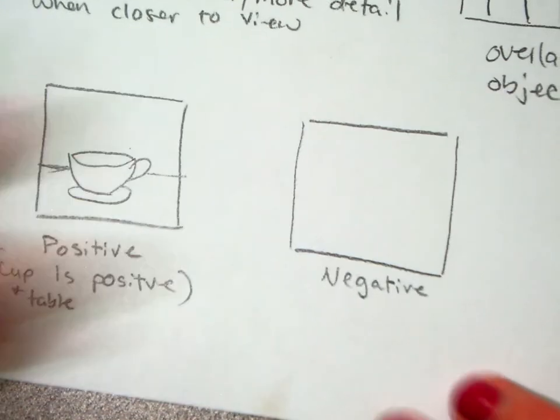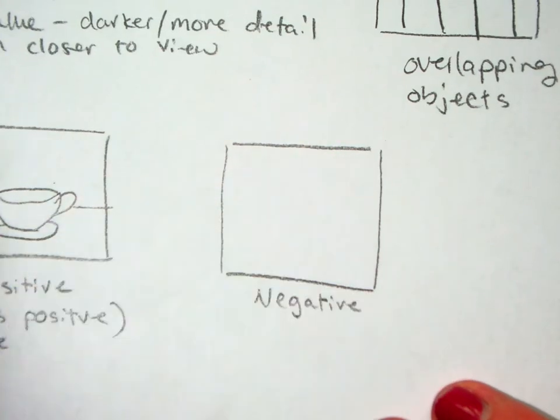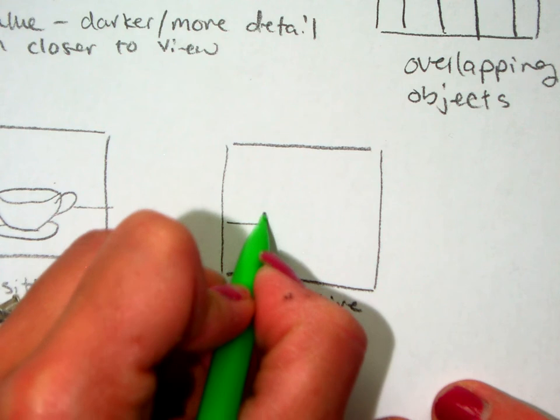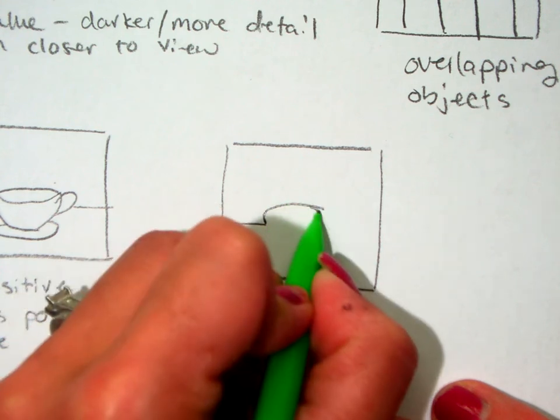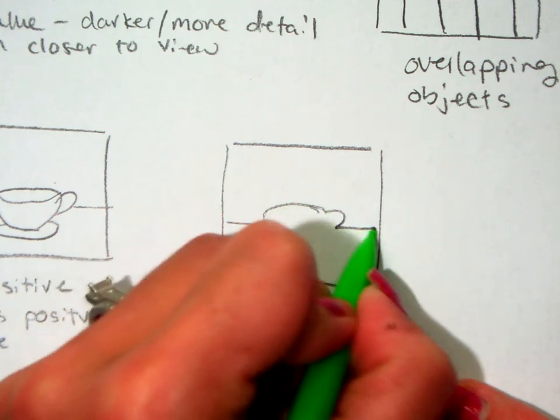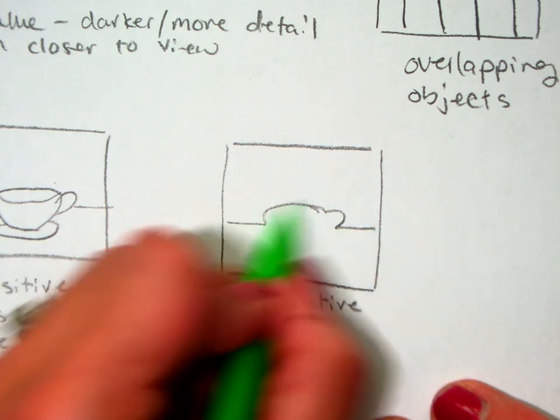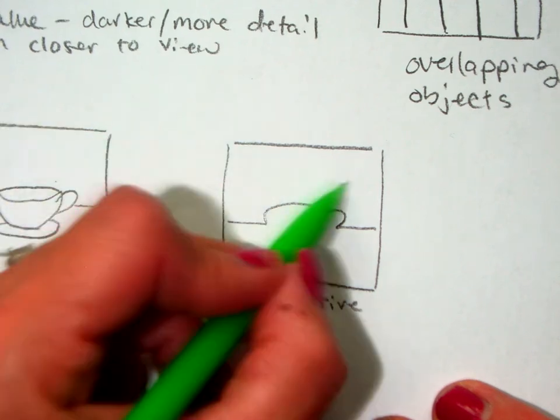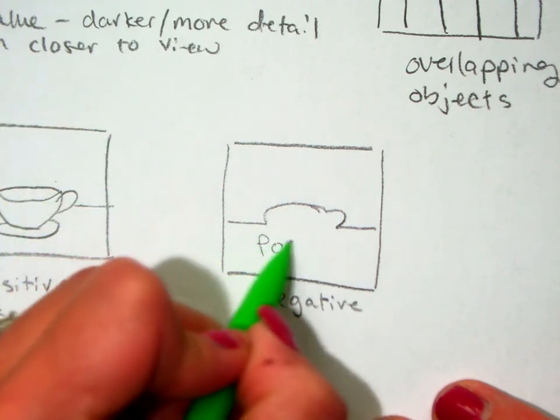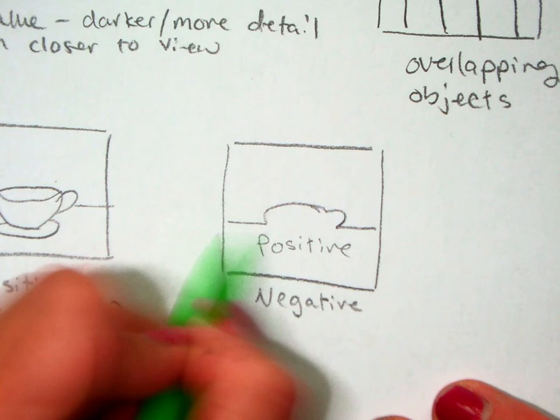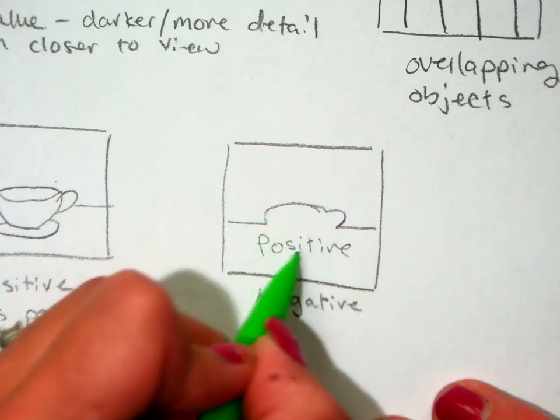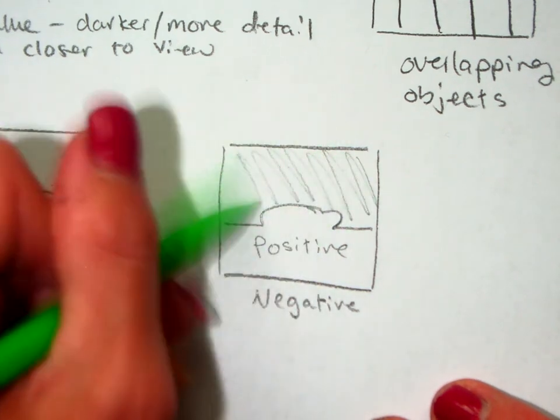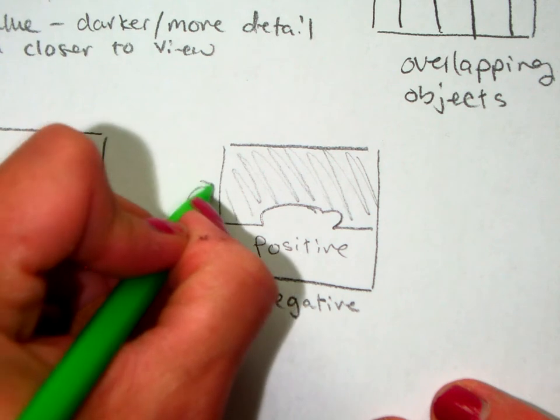Okay. And then if we have the negative over here, so let's see if I can draw this. So I guess the negative would be this. This is the positive right here. So this is all the positive, because that's where the objects are. We have the table and we have the cup. Here, this is a negative space because this is the space that's left over.